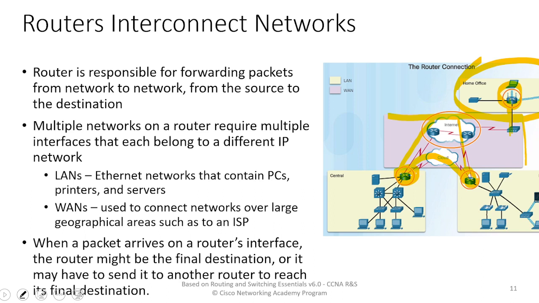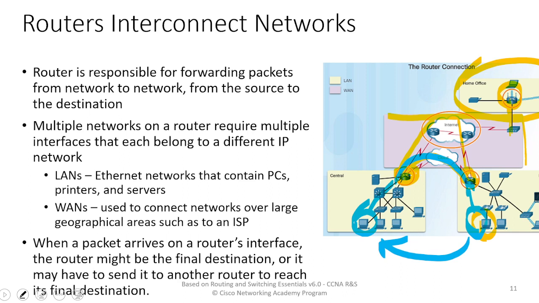And then when a request comes from, say, one of these devices within the organization, if it needs to go to, say, a device at the head office, then it will arrive at the router, and the router will determine which is the best path to go. So it will go through this router and reach this device.